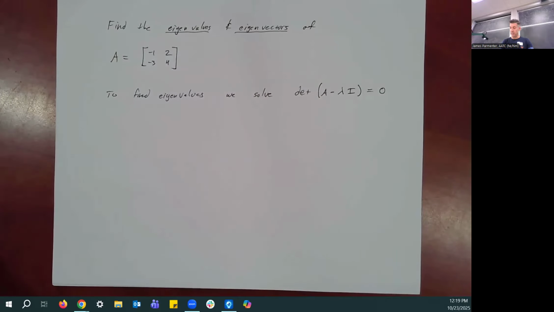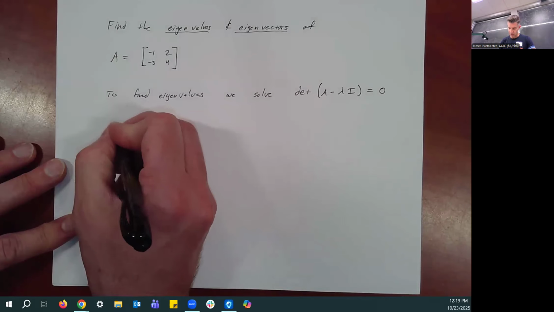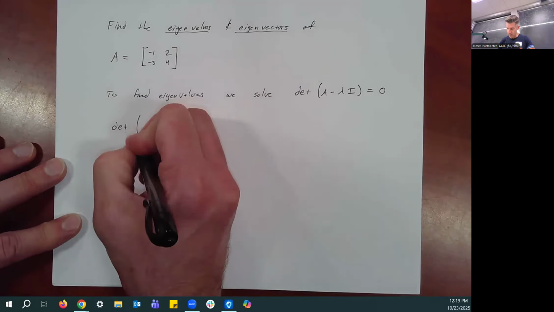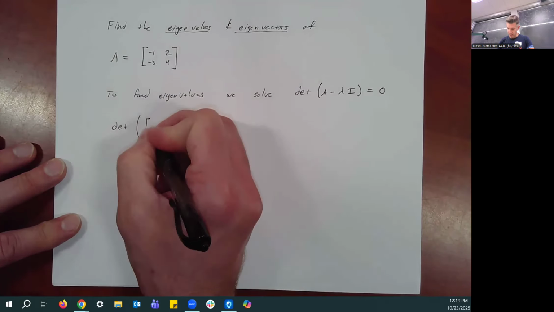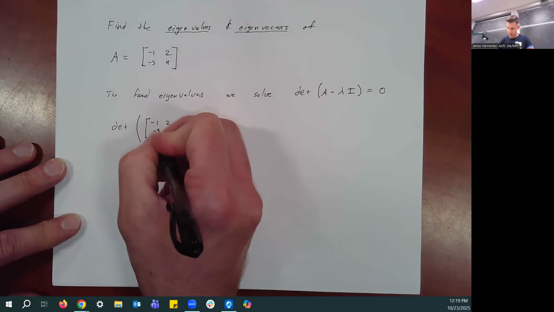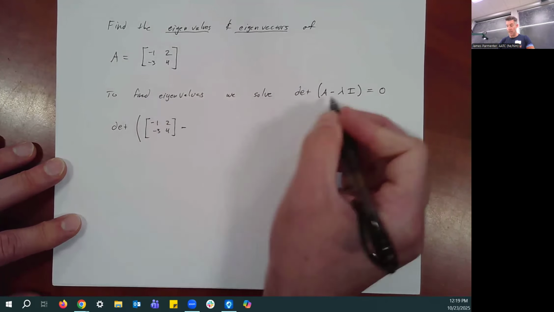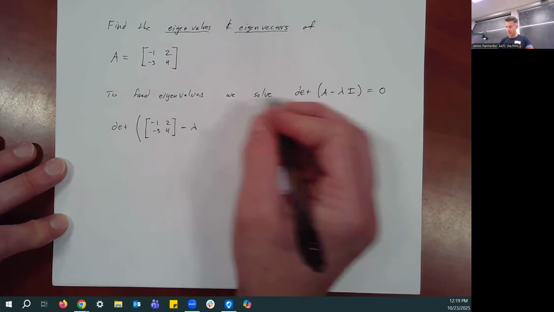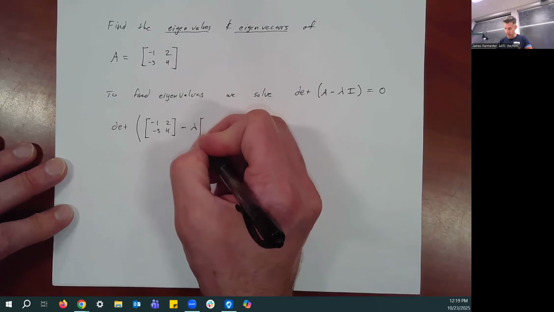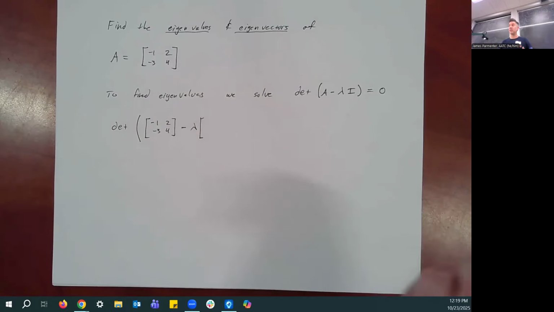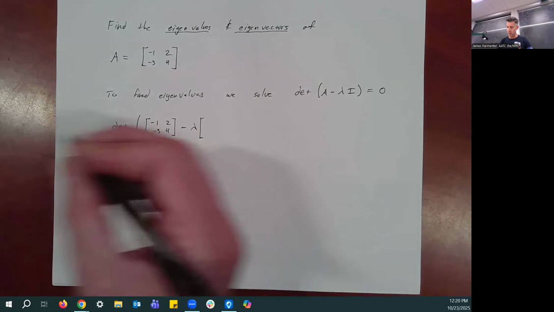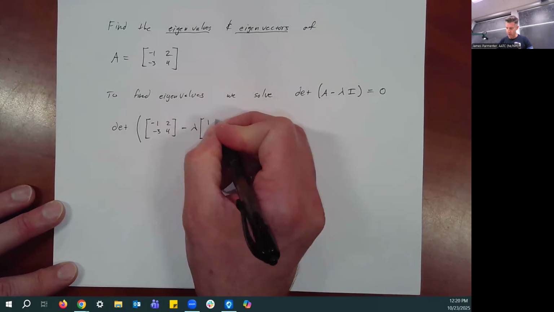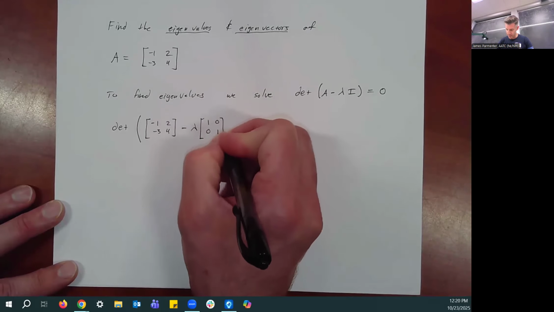Let's write out what that is. We're going to take the determinant of our matrix A, which is -1, 2, -3, 4, minus the eigenvalues that we're trying to solve for, which we call lambda, multiplied by the identity matrix, which is the n by n matrix, in this case the 2 by 2 matrix, with 1s on the diagonal and 0s everywhere else.